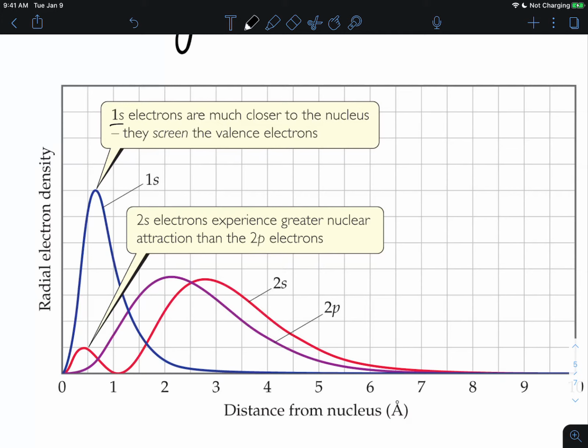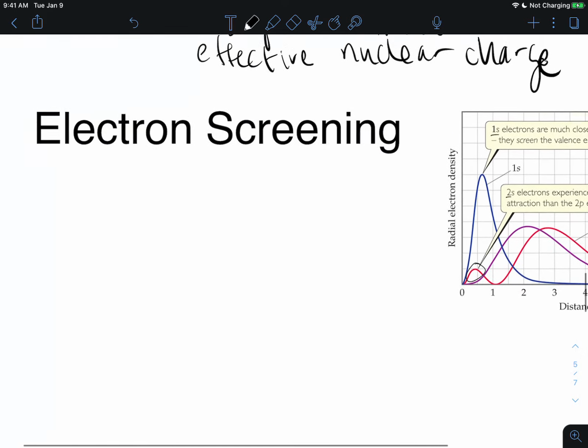And then our 2s electrons also have a significant amount of electron density that is going to be close to the nucleus right here. And then our 2p electrons are a little bit further. So those electrons generally that are going to be closer to the nucleus are going to shield the nucleus more than those further away, right? They're more effective at shielding or screening our nuclear charge.